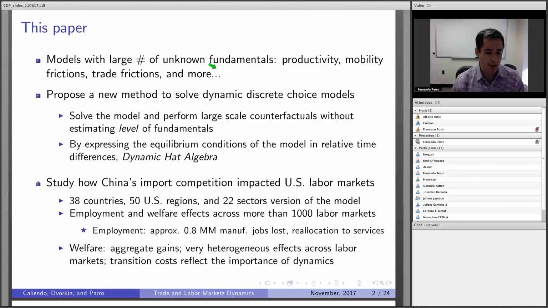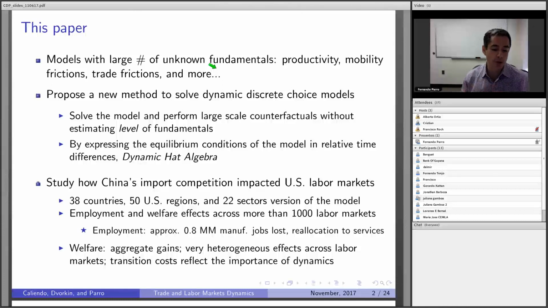We find that the increase in import competition from China led to 800,000 manufacturing job losses, which is equivalent to about 25% of the observed decline in manufacturing employment in the United States over the period 2000 to 2007. But we also find that the services sector expanded and that workers reallocate from the manufacturing sector to the services sector.